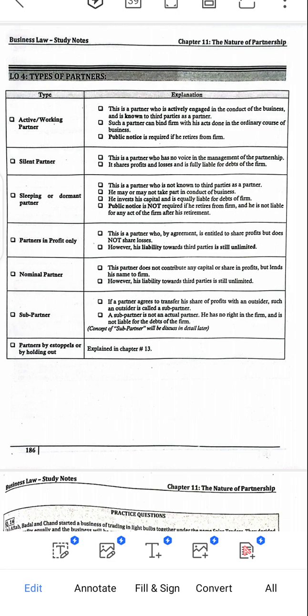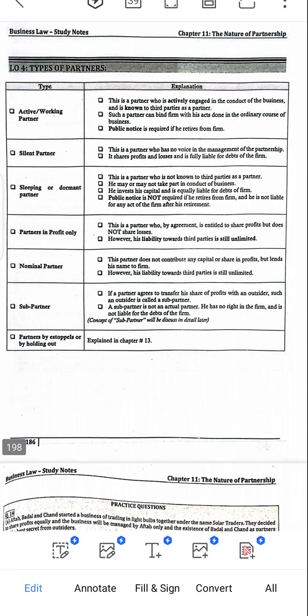He may or may not take part in conduct of business. So he has the authority to participate, but he will not participate. He invests his capital and is equally liable for debts of the firm. Public notice is not required if he retires from the firm, and he is not liable for any act of the firm after his retirement. So it is not necessary, if he is retiring, to give notice.